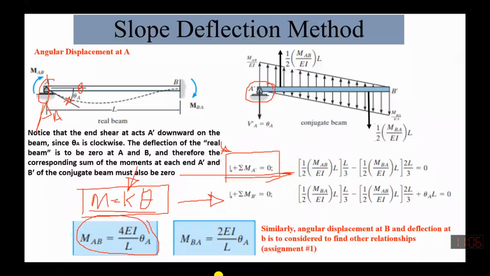So if I ask you to give me a relationship between moment and rotation for a single degree of freedom structure, these two relationships, then gentlemen, you have to give this relationship. You have to find out this relationship.